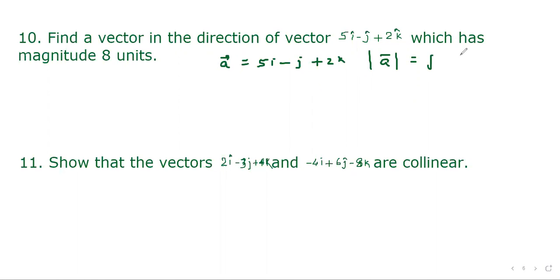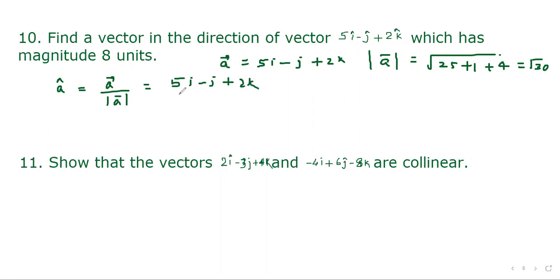It will be the root of 25 plus 1 plus 4, so root 30. Now we find A cap, which will be equal to vector A divided by modulus A.